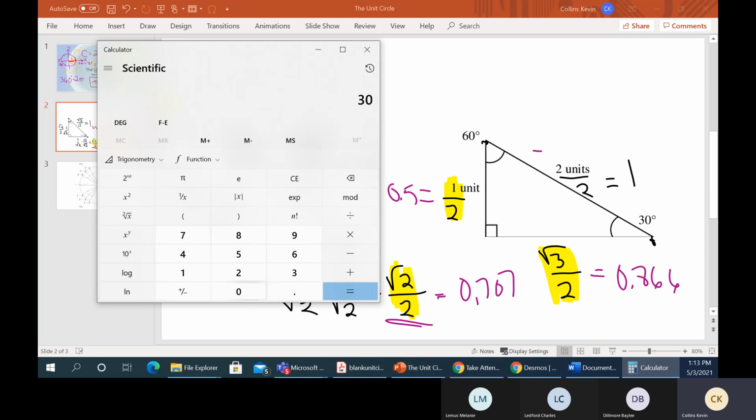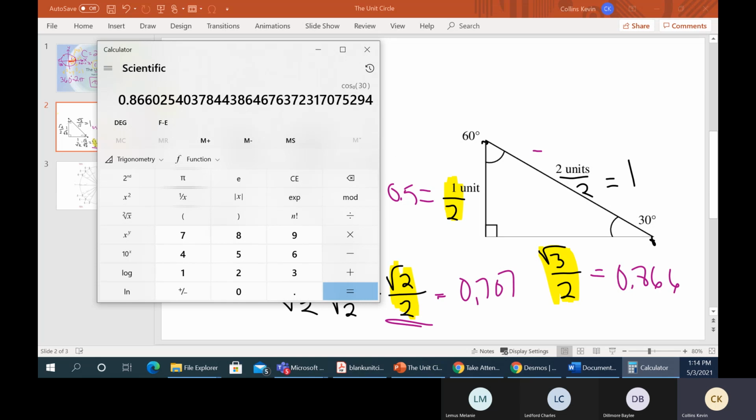So we go cosine, 0.866. So the cosine of 30 is 0.866, and the sine of 30 is going to be 0.5 or 1/2.